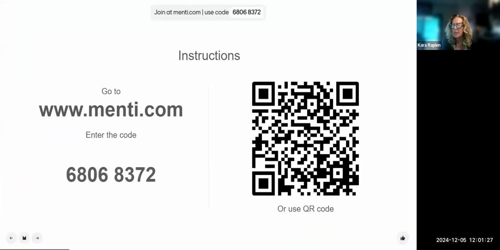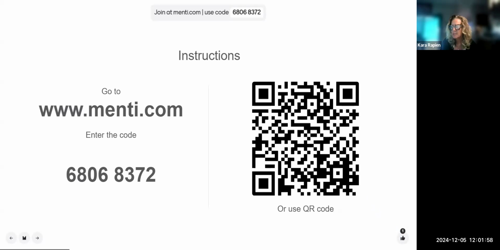So today we're going to be using Mentimeter, and we're going to go over the instructions. This is the QR code for Mentimeter. There's going to be a few times throughout the session that I'm going to be asking you questions through Mentimeter. So if you can use your cell phone to access Mentimeter by scanning that QR code that's on the screen, or you can open your browser and log into menti.com and enter the code that's on the screen there.